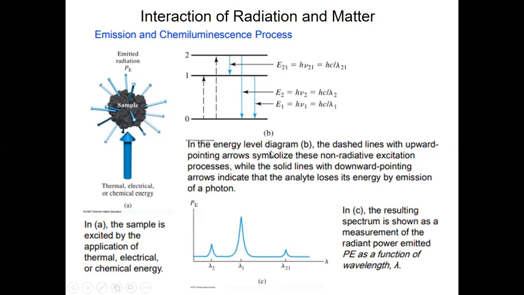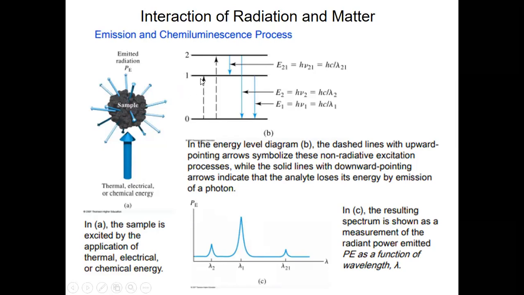Figure B is the energy level diagram of the emission or chemiluminescence process. This zero is the ground state, and these are the excited states. When it absorbs energy, it goes to the excited state. So excitation happens, then after a certain time, relaxation happens and a photon is emitted.